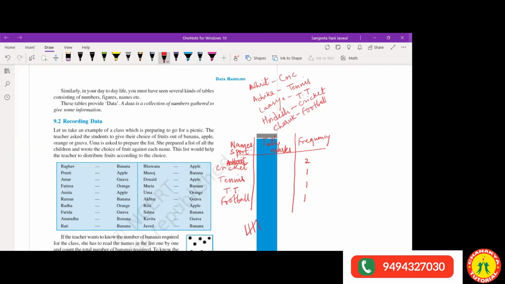Then 6 is again 1 more, then 7, 8, 9, and 10 is again a group of 5. This is how we represent in tally marks.